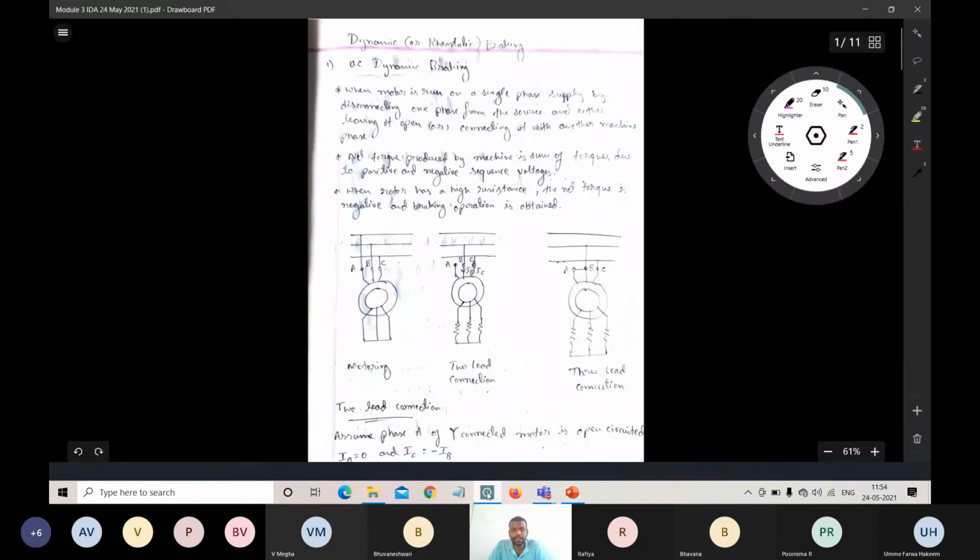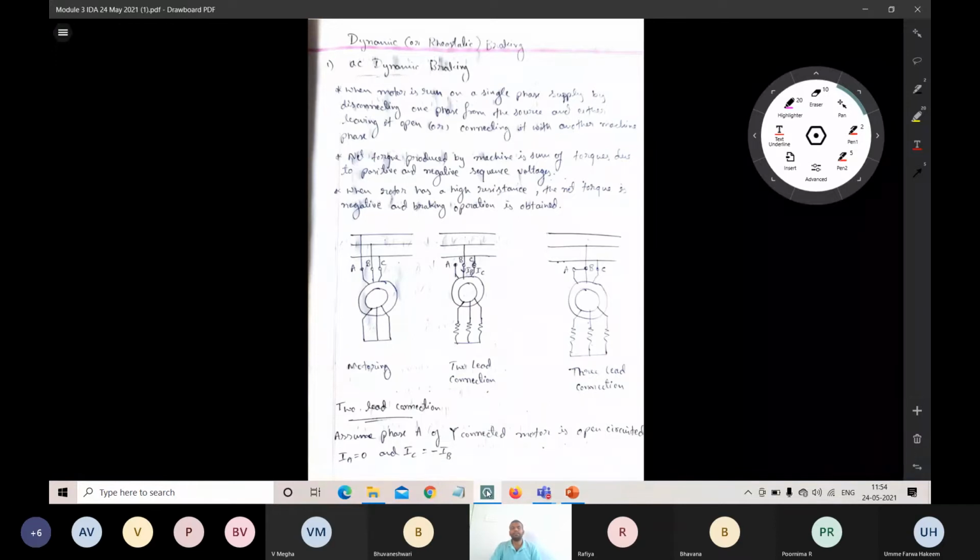The next thing is dynamic or rheostatic braking. This will be of 3 types: AC dynamic braking, DC dynamic braking, and self braking.